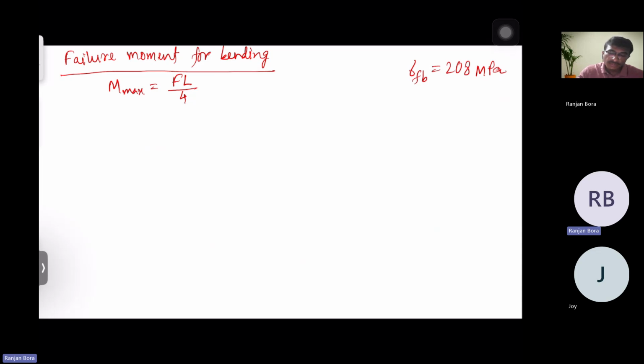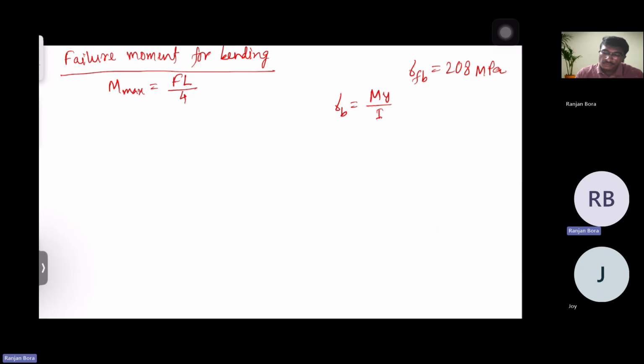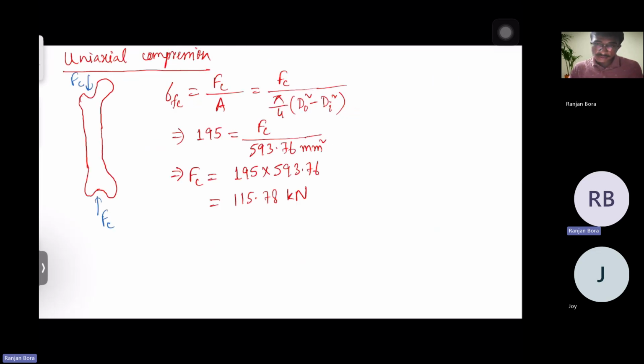And we have seen one relation, which was sigma B equal to M y by I. So we'll use this relation here: sigma FB will be equal to M max multiplied by y max divided by I. First we have to determine this moment of inertia I. You can see the cross section is an annular type of cross section.